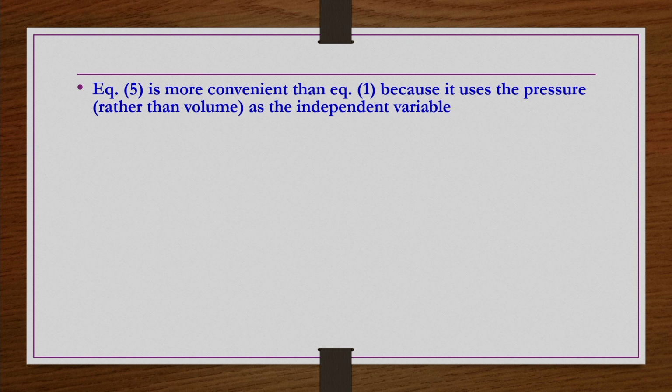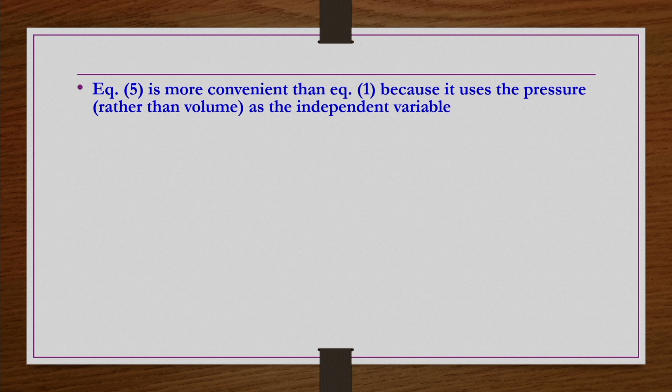So, now we can go to solve a few example problems. Now, for the expression just obtained for ln phi, when you write V in volume explicit form, we find this equation is more convenient to use. Why?